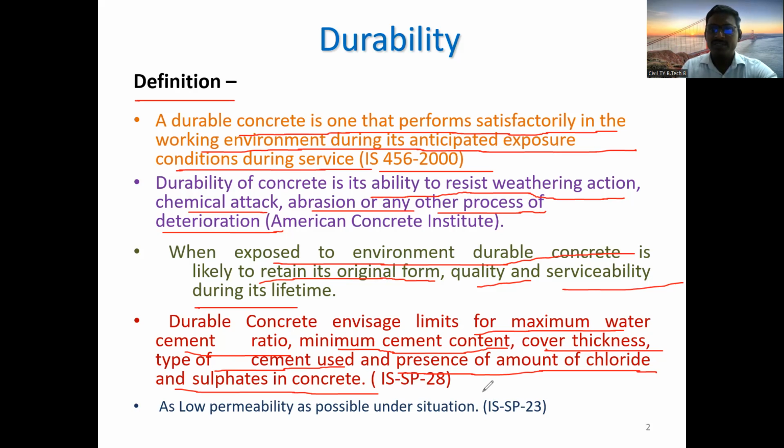We have to avoid concrete's carbonation or steel's carbonation. If this chloride and sulfate content is there, automatically the concrete gets carbonated and your durability decreases. So keep these things in mind. Then the permeability should be as low as possible under the situation, then your concrete will be durable.